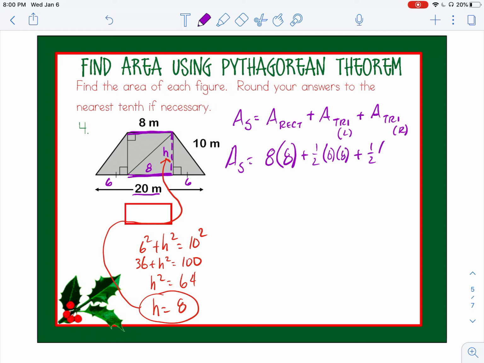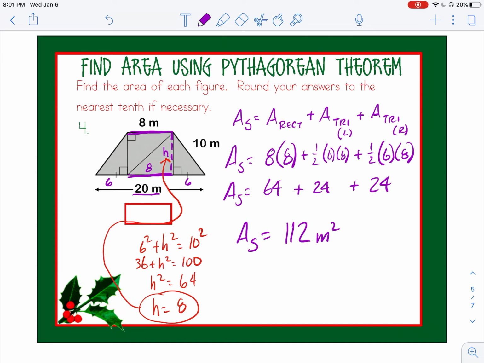And the other triangle, of course, is 1/2 base times height. Pretty easy from there on out. And so the total shaded area is 112 square meters.